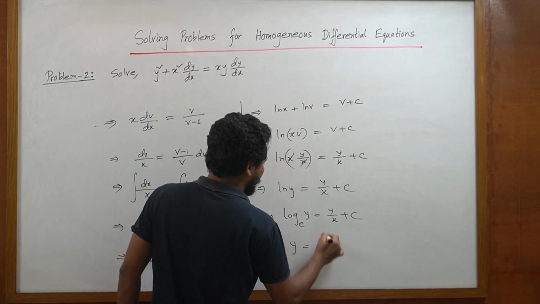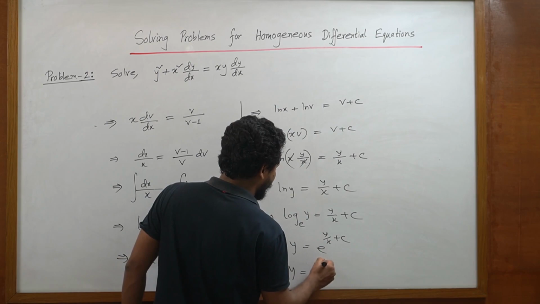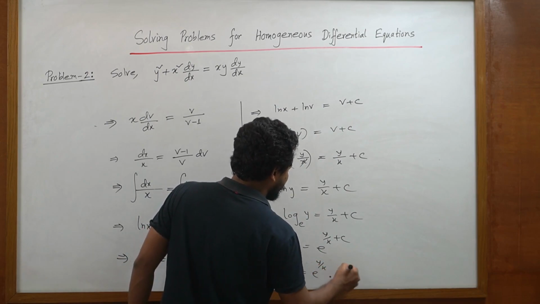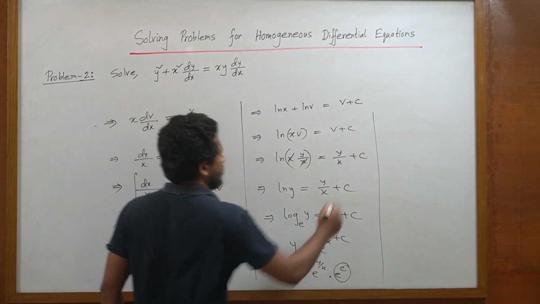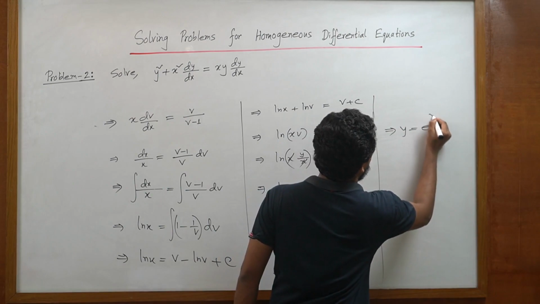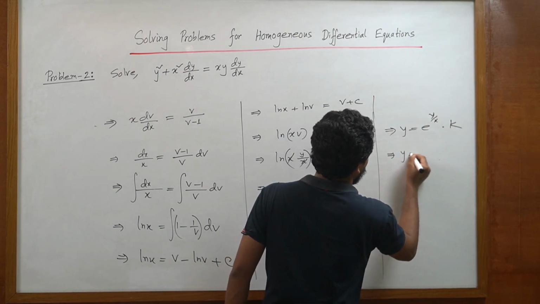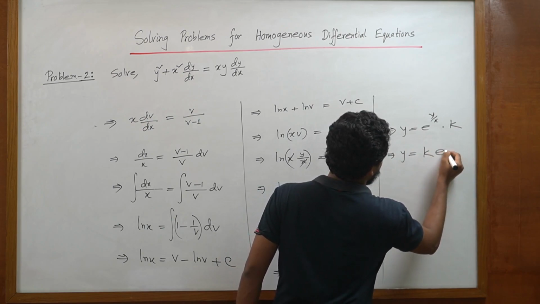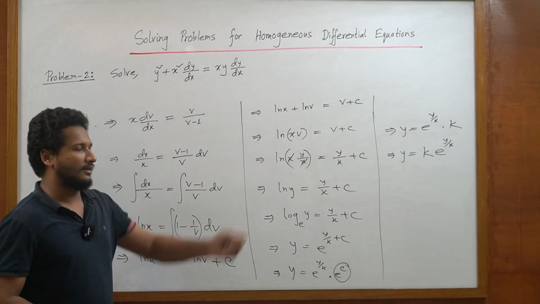Y equals e to the power y by x plus c. So y equals e to the power y by x into e to the power c. E to the power c should be a new constant, so we can write y equals e to the power y by x into new constant k. So we get y equals constant e to the power y upon x. So this is the solution.